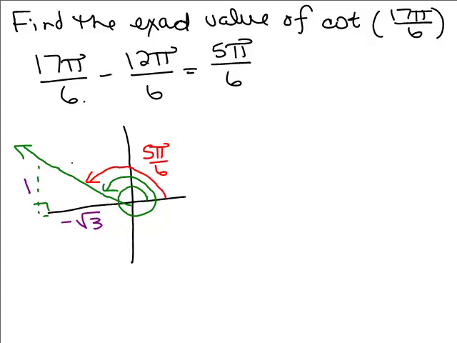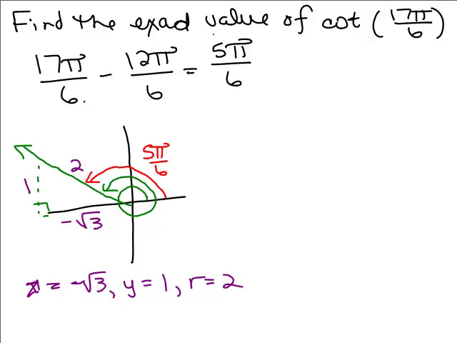This is up 1, and this has to be 2. We're always remembering that the small side is half of the long side, which is the radius. So in this example, x is negative square root of 3, y is 1, and r is 2.